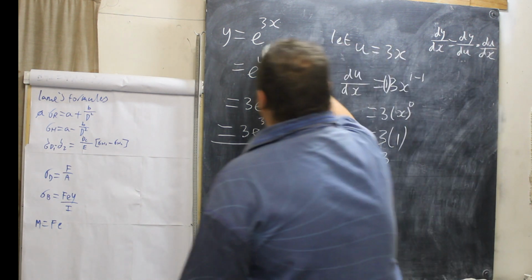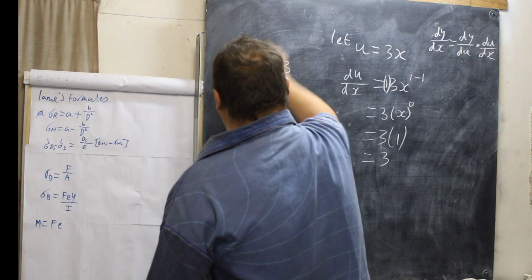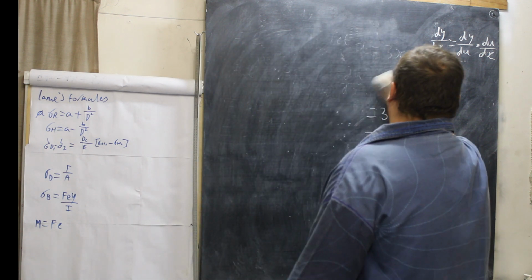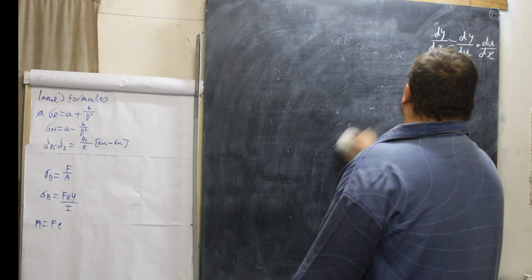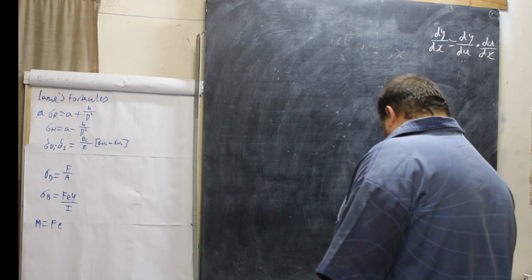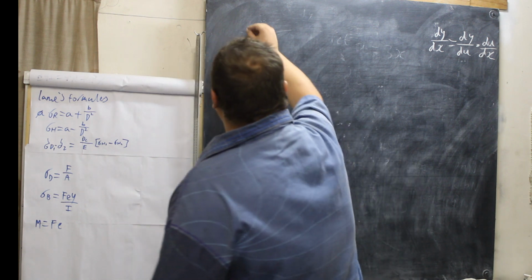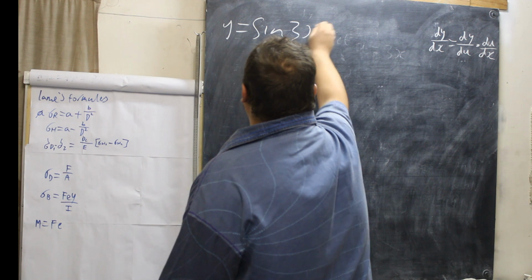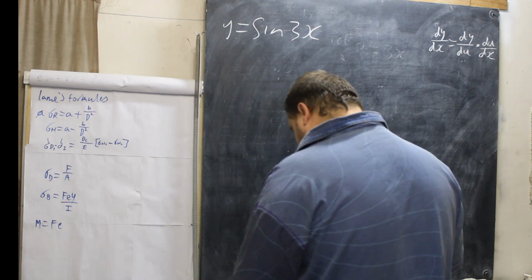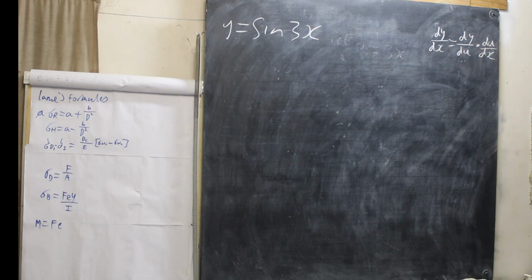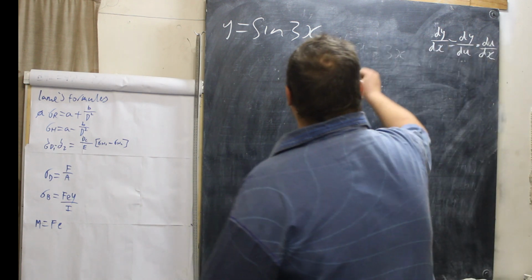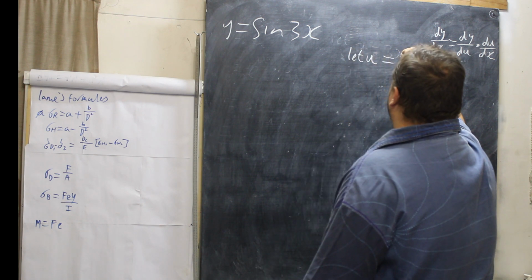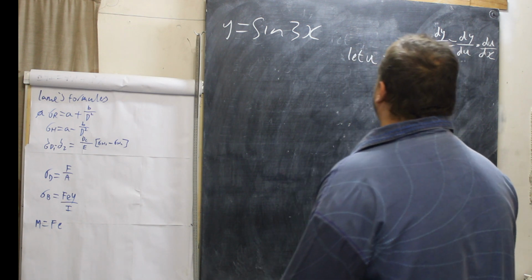Okay, now number 2. Sum number 2 is y equals sine 3x. Okay, so now let u equal 3x.